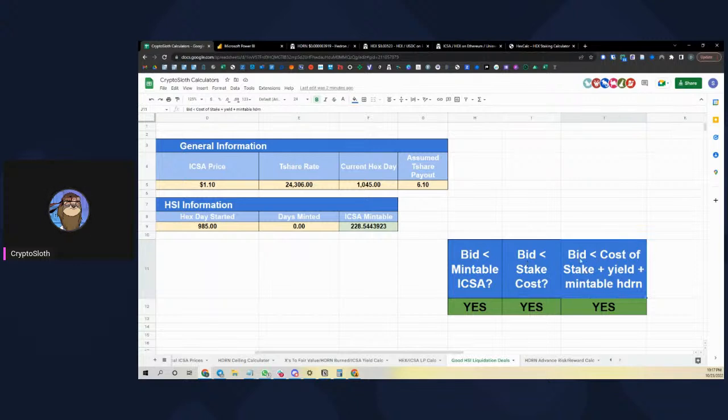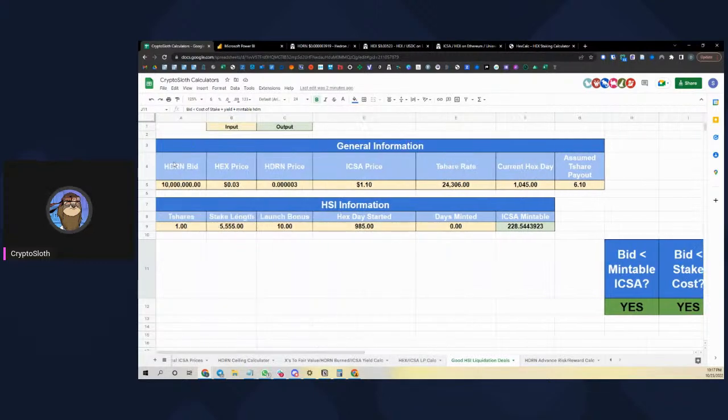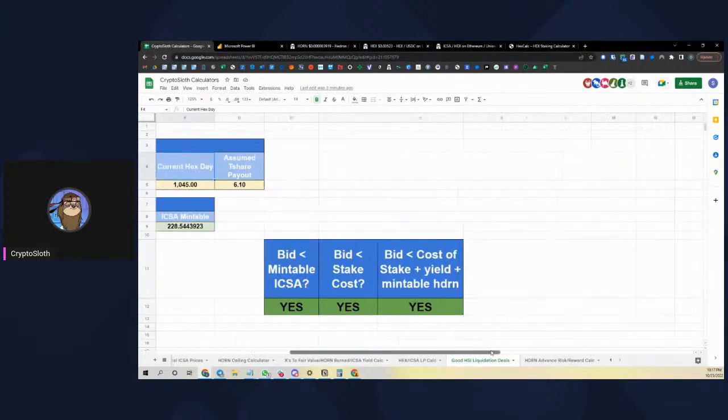And then this one just calculates, is the bid less than the cost of the stake plus the yield that it's already generated plus the mintable Hedron. So from inputting all of this information here that you would get from the HSI information, as well as on Hex Daily Stats, this will automatically calculate all of these.